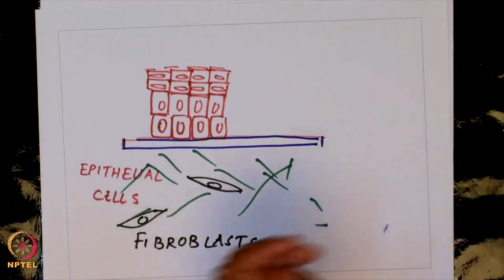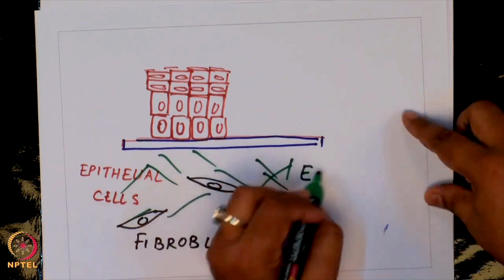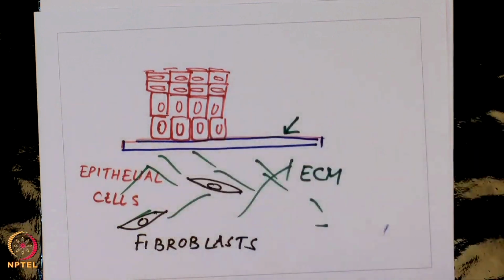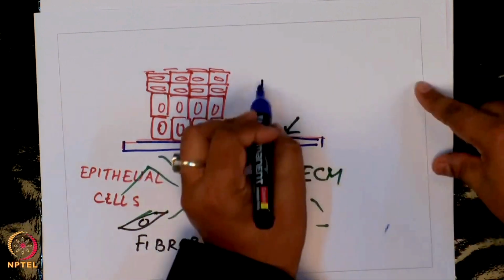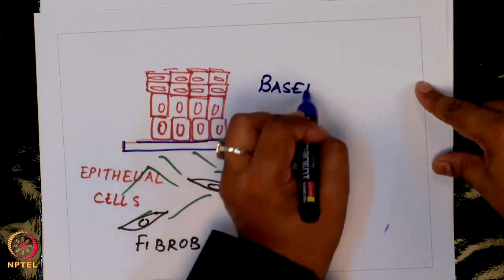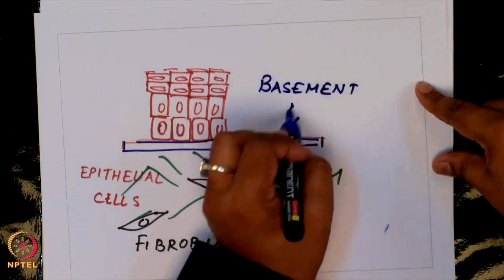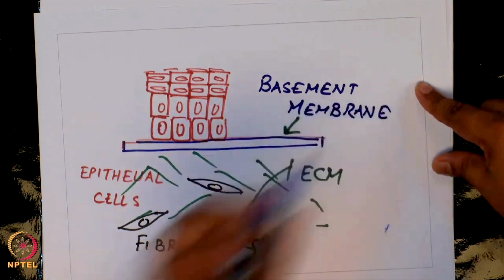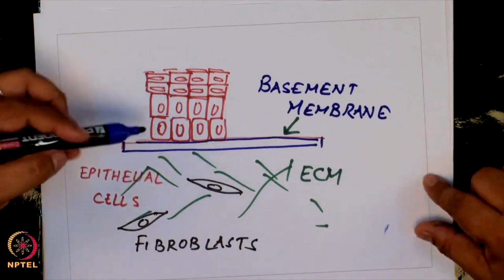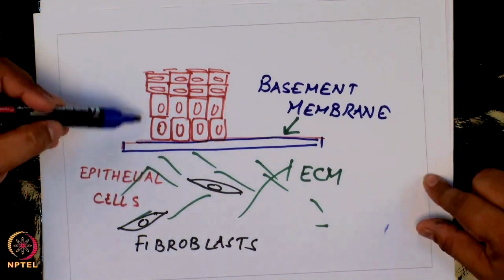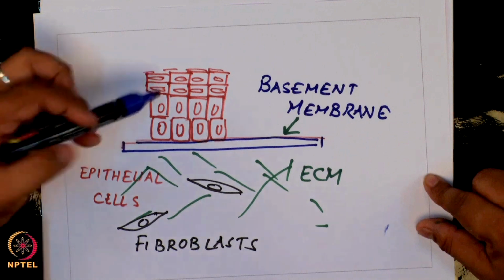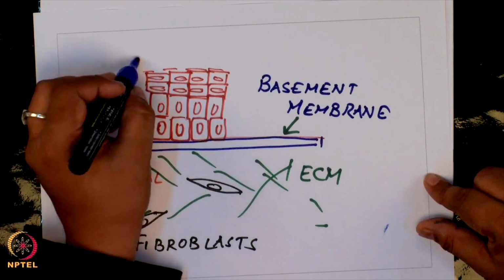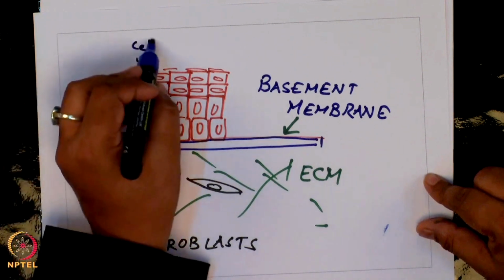This is ECM, and what this entity is, which is particularly interesting, is called the basement membrane. On the outside you have epithelial cells, these continuously divide, and as they move out from the basement layer, the orientation of the nuclei goes from vertical to horizontal, and eventually at the outside layer these cells are dying.